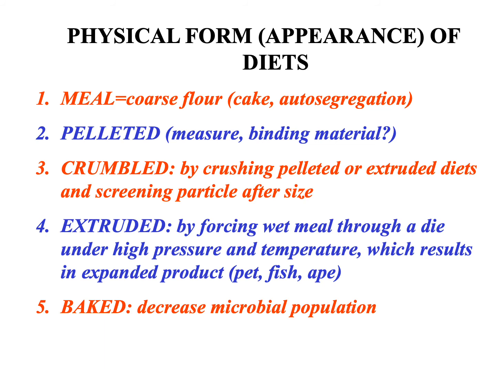The length is half to 1 centimeter, and the diameter is 3 to 5 to 10 millimeter. The binding material is either the gelatinized starch in the cereal or added binding materials.